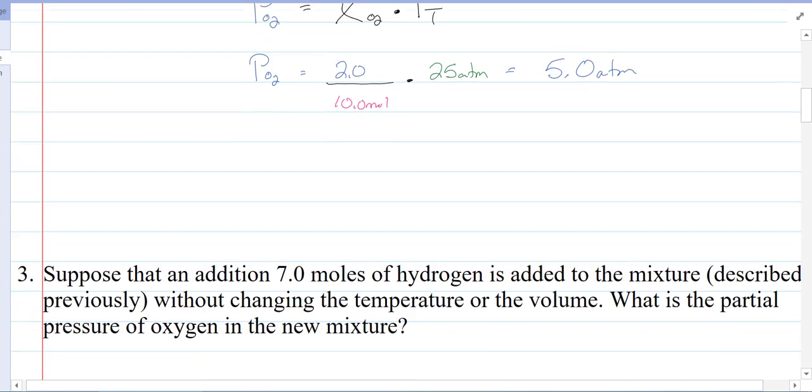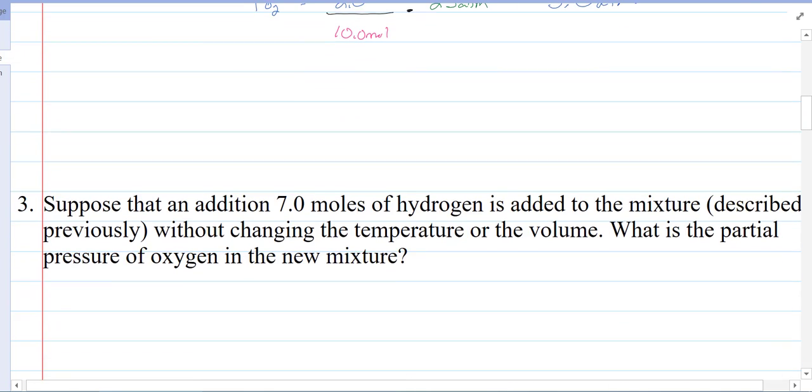Okay, number 3. Suppose an additional 7 moles of hydrogen is added to the mixture described previously without changing the temperature or the volume. What is the partial pressure of oxygen in the new mixture? Okay, so let's say this. PV equals nRT. What is changing? N is changing because we're adding 7 moles of hydrogen.